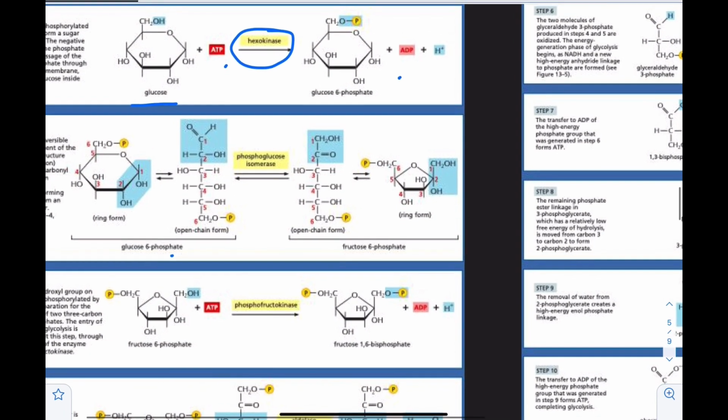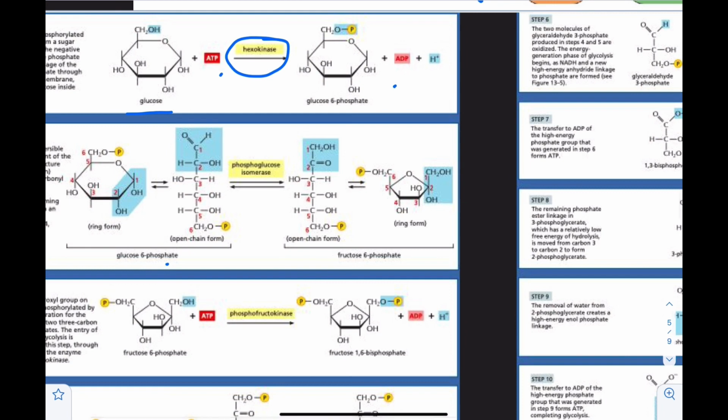It transfers a phosphate group from one molecule to another. So what it does is takes the phosphate here and transfers it onto here. And glucose is converted to glucose 6-phosphate, usually called G6P for its abbreviation.